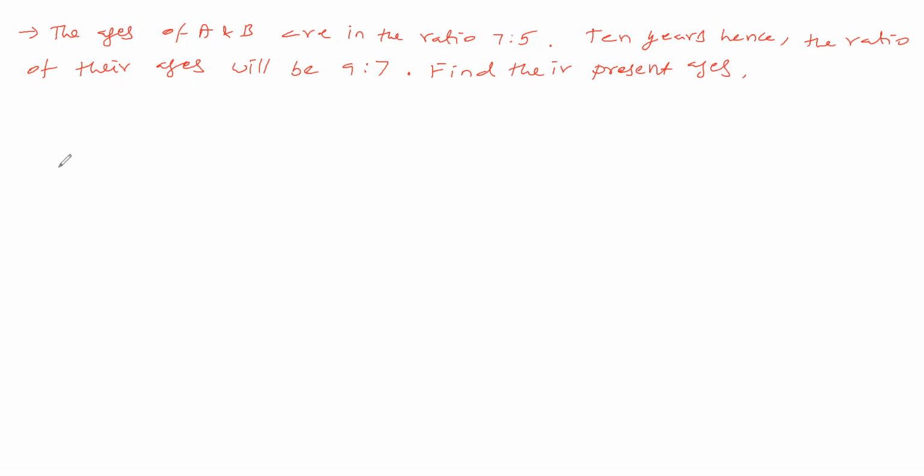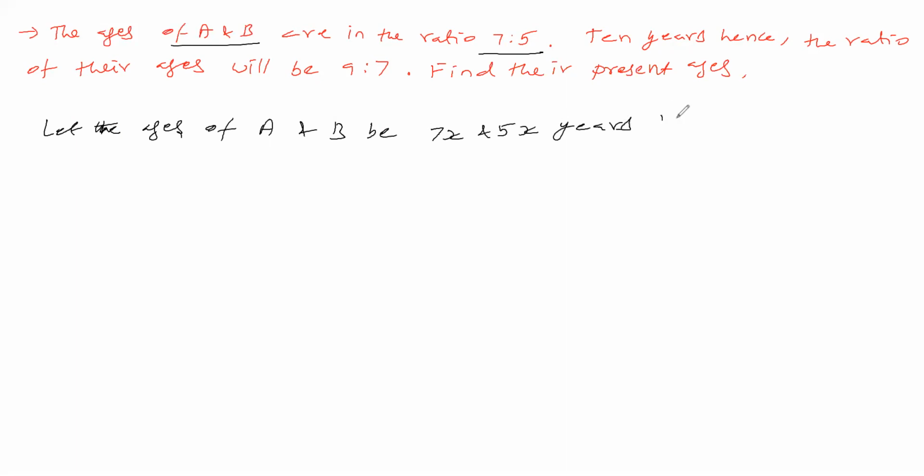Now we will see this statement. The ages of A and B are in the ratio of 7:5. Therefore we can say the age of A is 7x and of B is 5x.